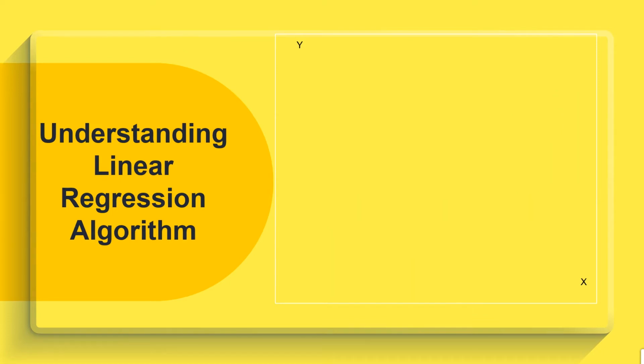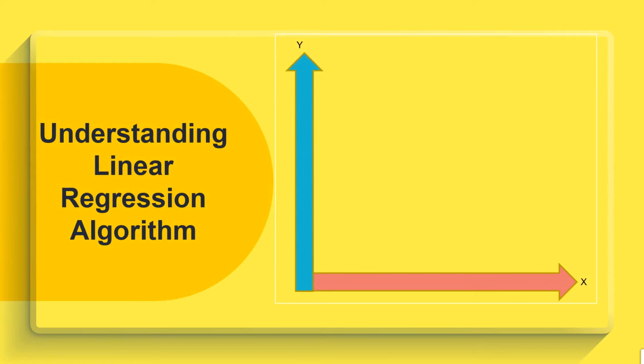Suppose the distance remains constant. You have to plot a graph between the speed of the vehicle and the time taken to travel a fixed distance. Then in that case, you will get a line with a negative relationship. The slope of the line is negative.